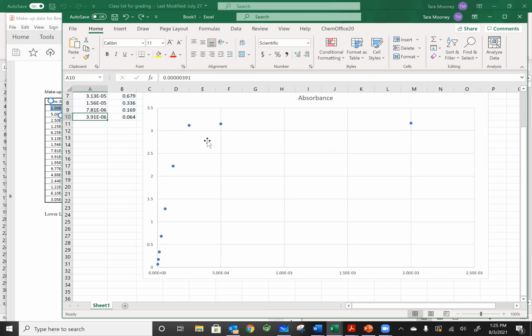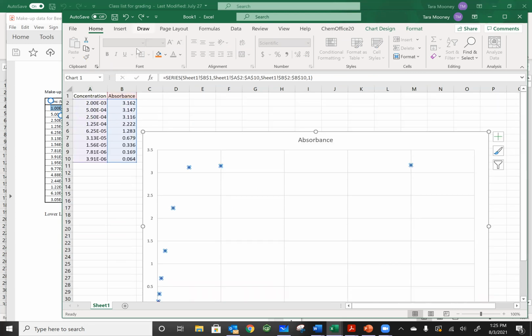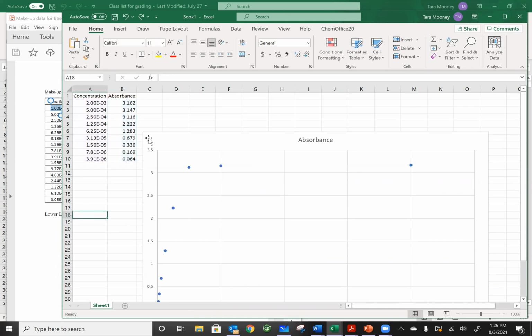If we click on our data, we can go back to our data here and modify our data. Okay, let's just add a new plot.